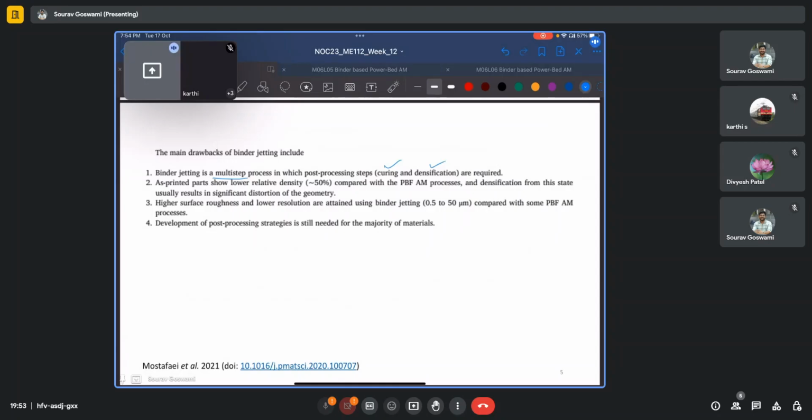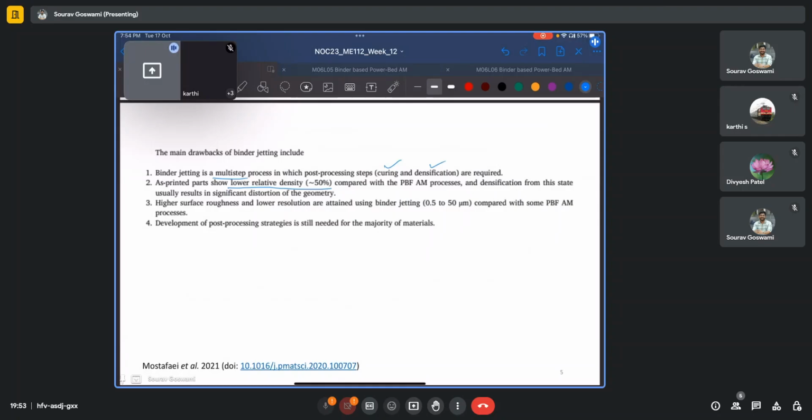The as-printed part in its green state would have a low relative density of 50%, which is, I mean, simply unacceptable unless you wish to produce a foam-like structure. And compared even to PBF, which has shown very high density, at optimum parameters it will be very close to 100%, some 99.5% plus.